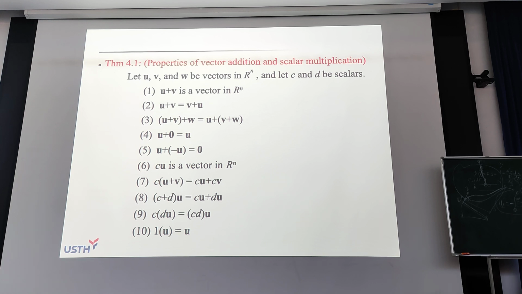That is the property of the two standard operations on vectors in Rn. And we have 10 properties. It's too long. However, I call your attention to property number 1 and property number 6. Those are the most important properties for you, number 1 and number 6, because today we are going to use those properties.